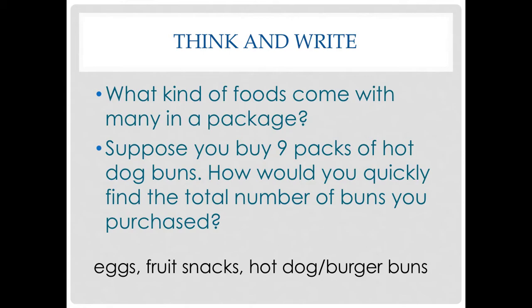Fruit snacks normally have a certain amount. Hot dogs and burger buns come in packages of 8. Generally speaking, you have 4 buns on top, 4 buns on the bottom. Each one has 8. So if you had 9 packages of hot dog buns, you would then just skip count by 9s or multiply to get your answer.